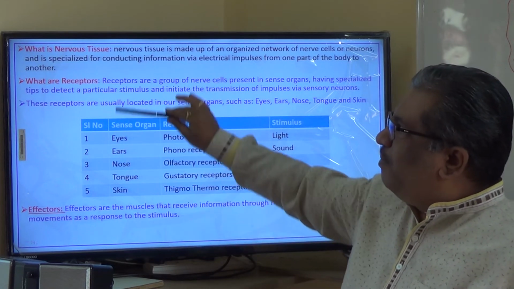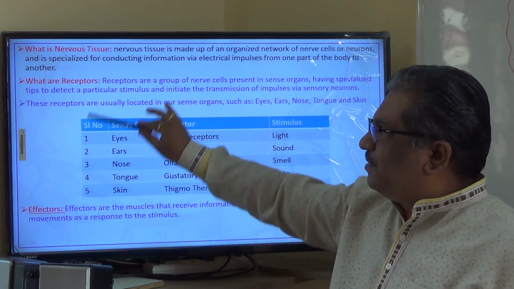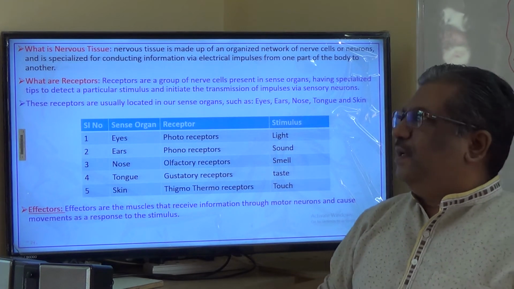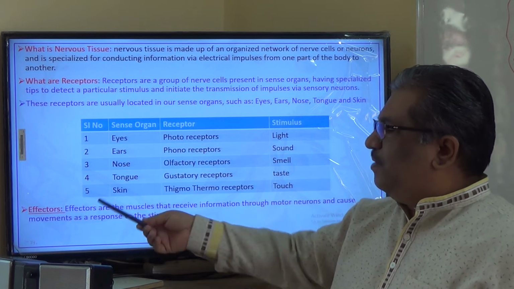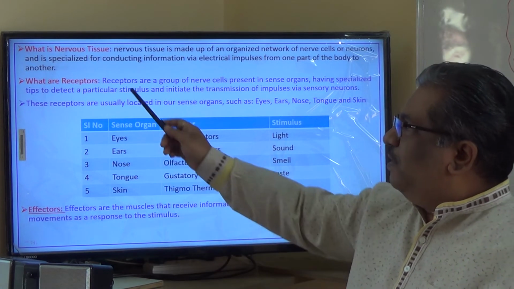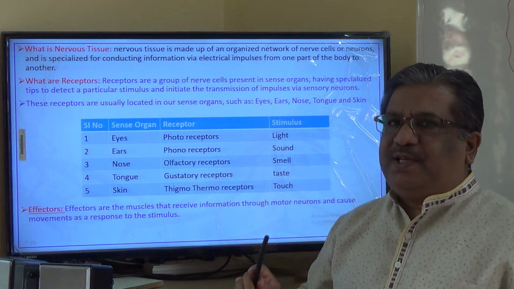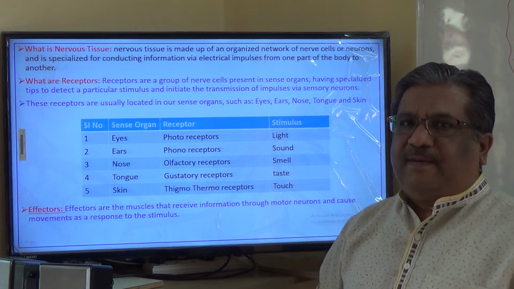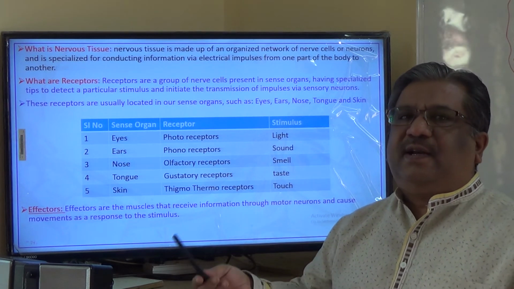Now about the receptors and effectors, you can expect a question in the exams. What are receptors and what are effectors? Receptors are specialized nerve cells. Their function is to gather information.